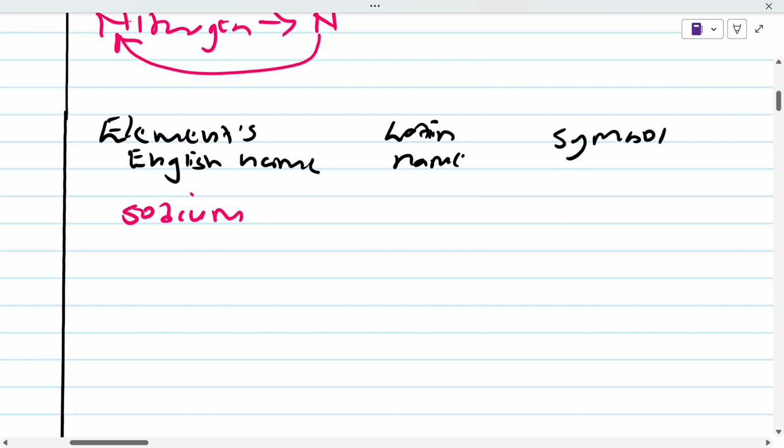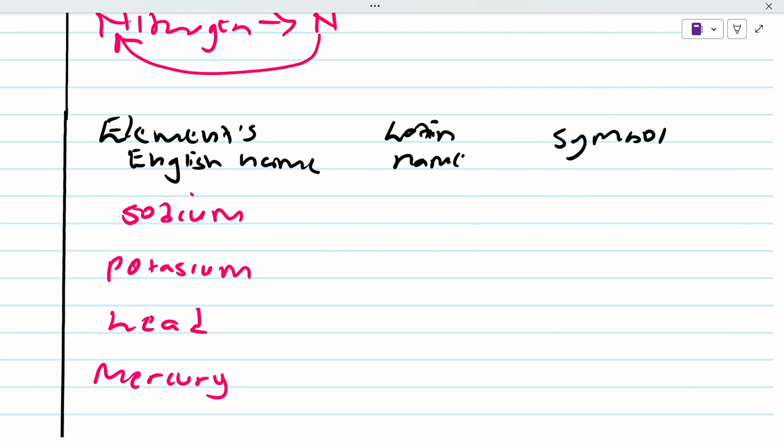Sodium is the English name, and potassium is the English name. Now, there are other elements, for example, lead, mercury. These elements have their own Latin names.